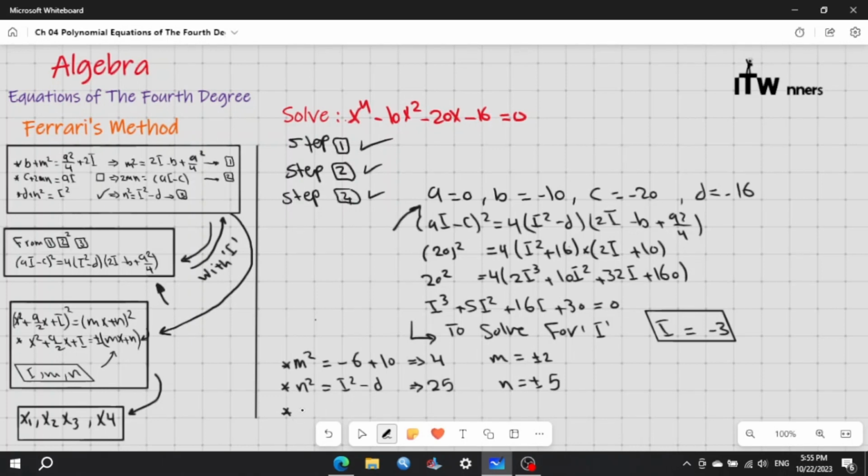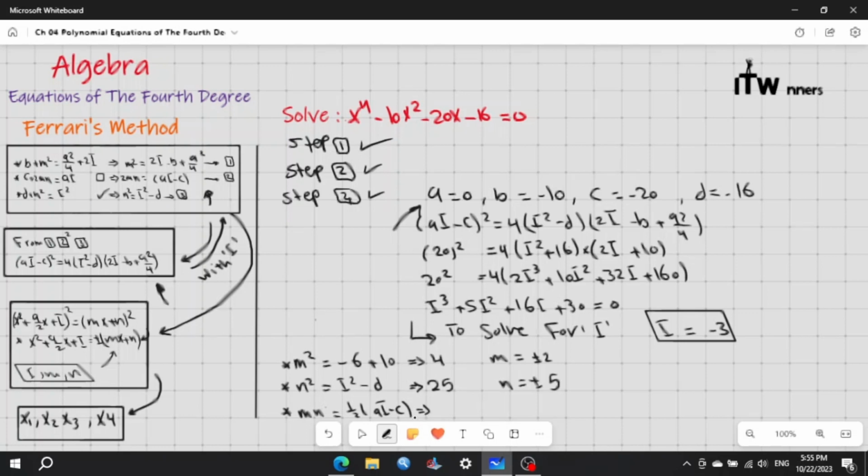We must obtain the relation between m and n. From the second one here we can obtain that m into n equal to half of (2I minus c).